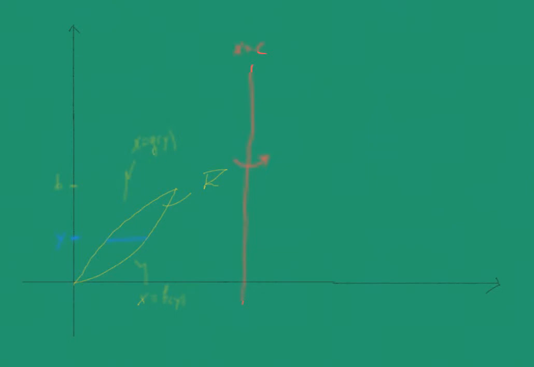All right, so as before, for each y corresponding to a point in R, in this case y is going to range from 0, the origin, up to b, we form the horizontal line segment at y. What are we going to do? We're going to rotate this line segment alone about the line x equal to c and see what sort of shape we get. If we get a cylindrical shell, we'd use the method of cylindrical shells. If we get a slice, we'd use the method of slicing. In this case, as we'll see, we're going to get a slice.